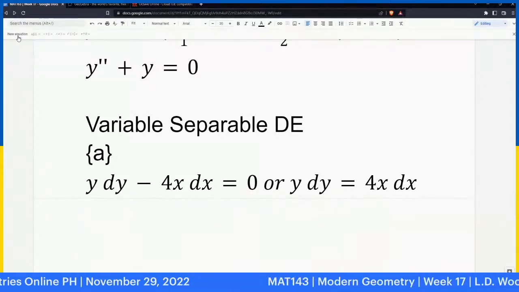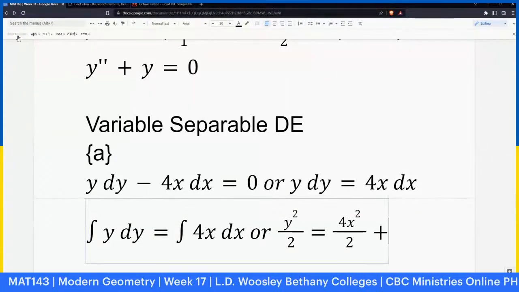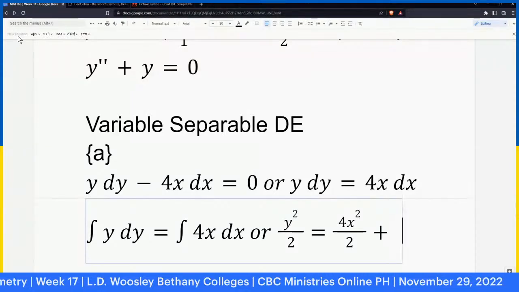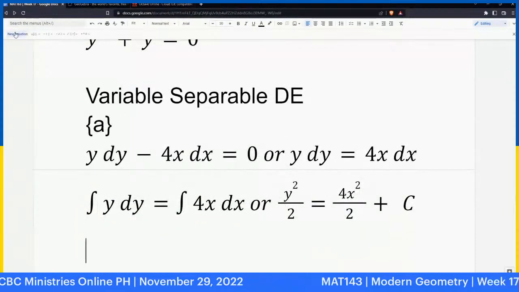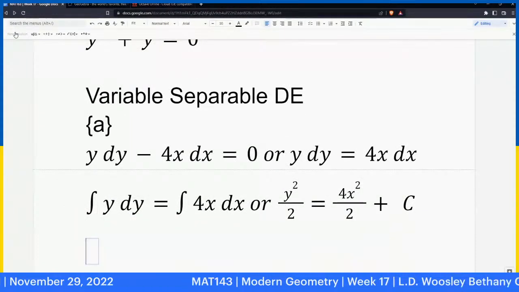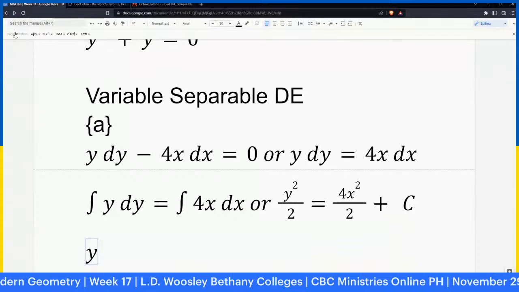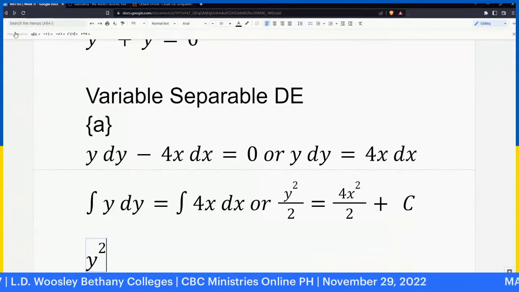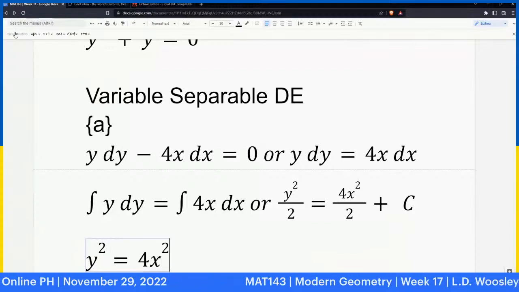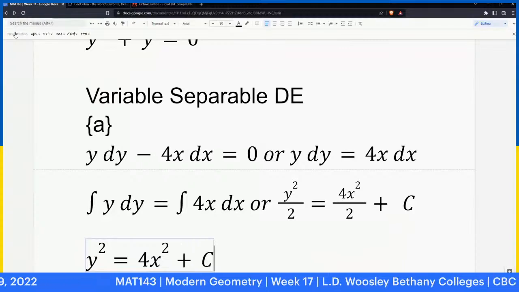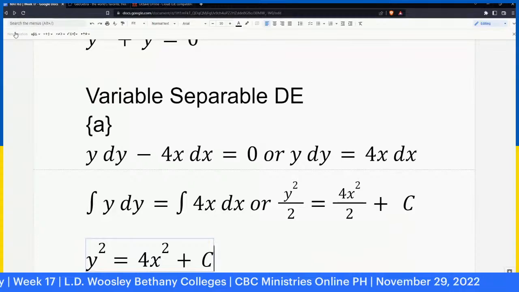Then we need to get rid of that fraction. Okay, multiplying both sides by 2. So the arbitrary constant will absorb the multiplication of 2. So what would happen there is y squared would be equal to 4x squared plus c. Na-absorb na ng 2 si c. 2 times c is still a constant. Okay, that's the answer, Micaela.